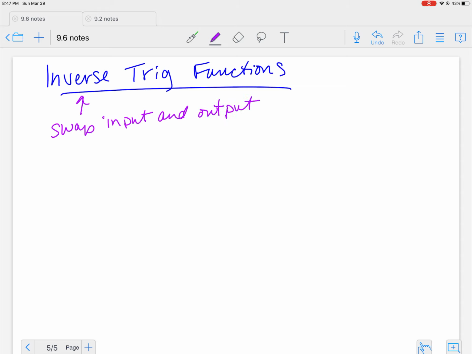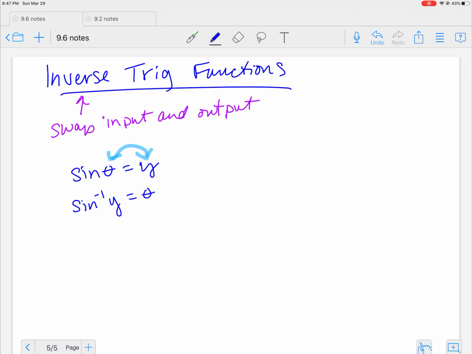Now, remember when we talked about inverse functions? An inverse function means that I'm going to swap that input and output. The same thing applies here. If I have the sine of theta equals y, or whatever value, and I have this inverse trig, we are swapping those inputs and outputs.